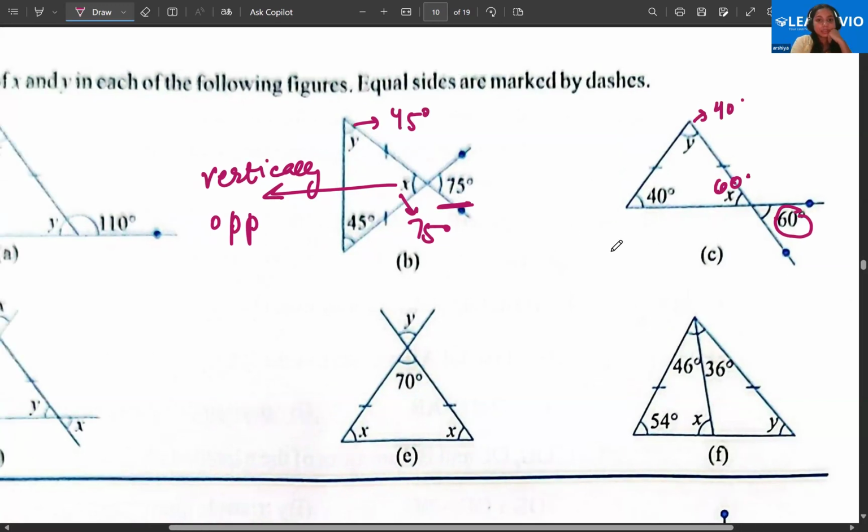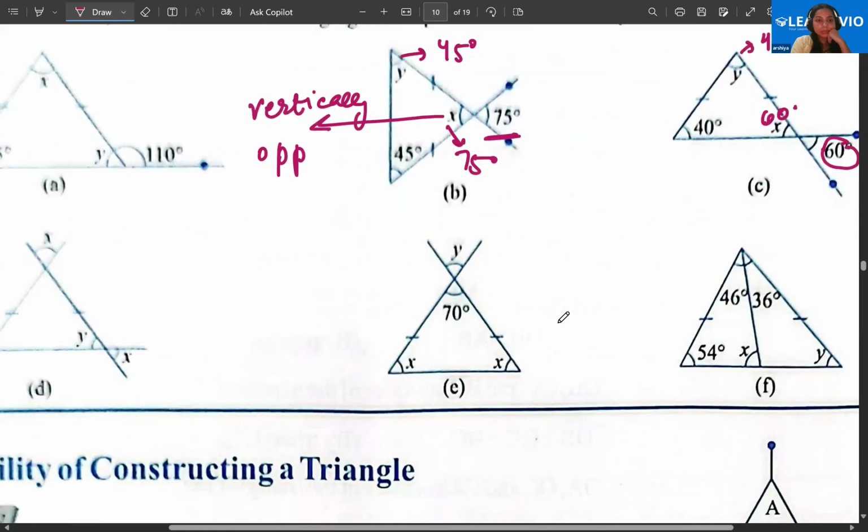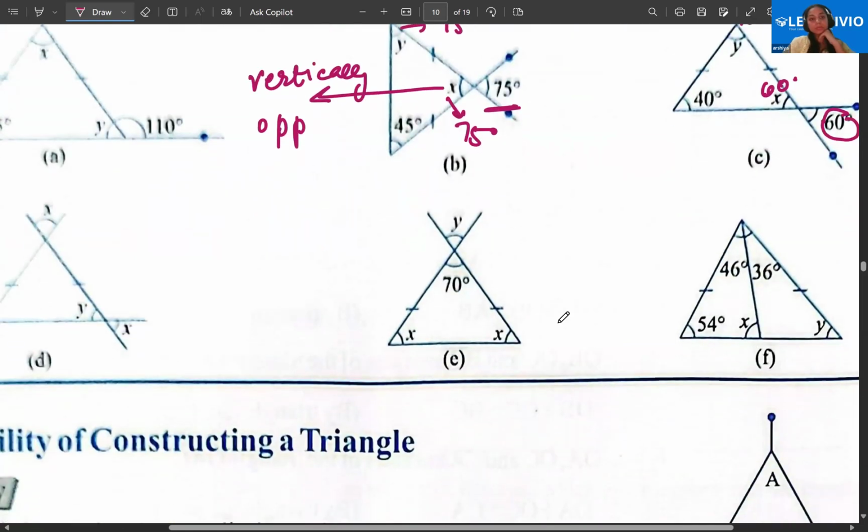All right. What about E? In E, ma'am, both of the X is 60, and because it's vertical, Y is 70. Okay, how are the X is 60? Because in a triangle, X equals 60.